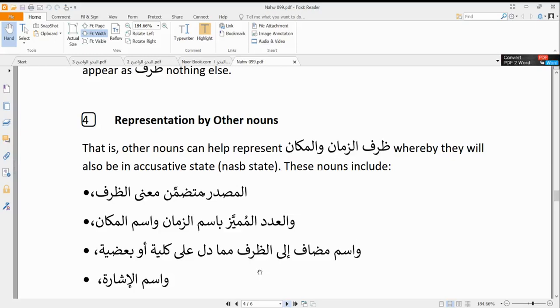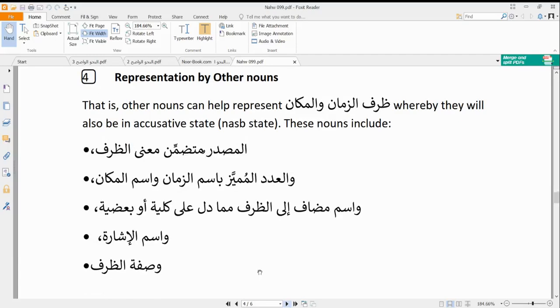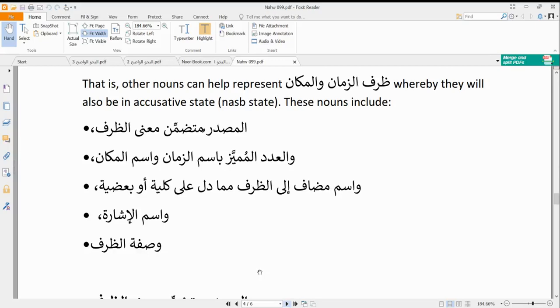We may use them in such a position that they tell us the place or the time where something happened. Because of that, they will also take the nasb state, but they are not actually zarf zaman or makan in themselves. Some of them are the masdar mutadammin ma'na zarf and the adad al-mumayyaz.